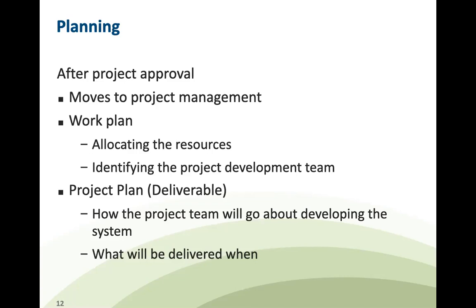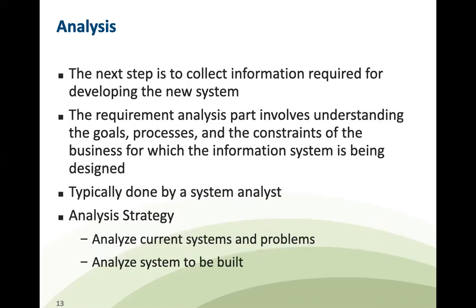The project plan will be the deliverable, or the output, at the planning stage: how the project team will go about developing the system, what will be delivered, and when that output will be provided or delivered.